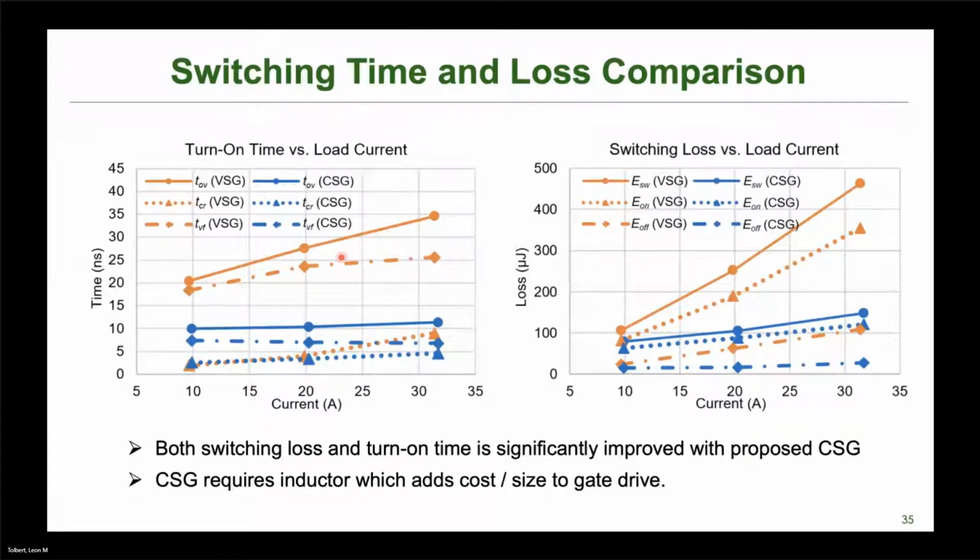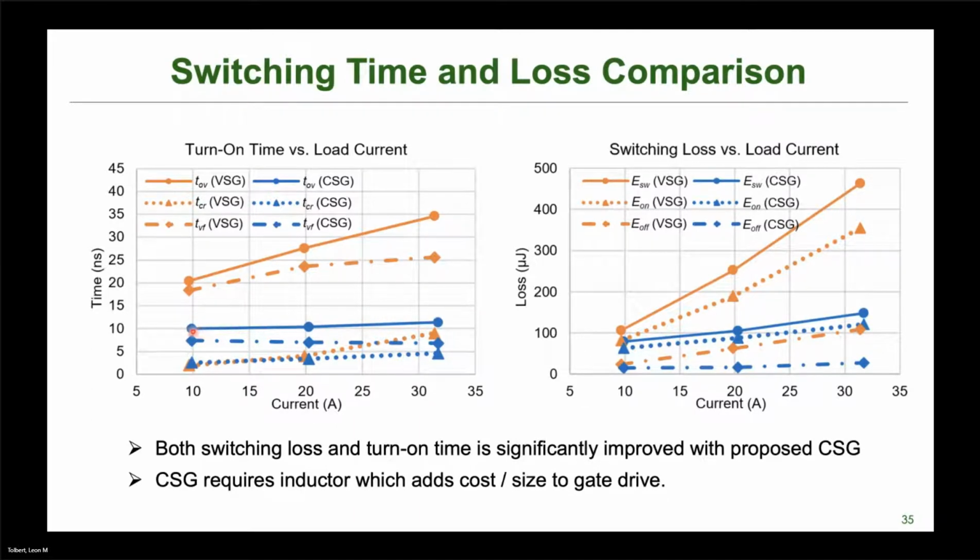So this is showing the switching loss comparison between the voltage source gate drive and the current source gate drive, showing that for higher currents, it takes longer to turn on, but the voltage source gate drive here is on the order of 20 to 30 nanoseconds, whereas with the current source gate drive, we're about 10.